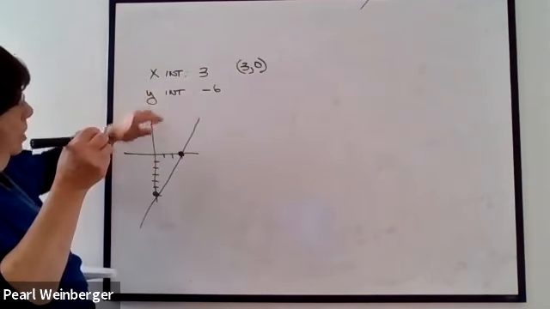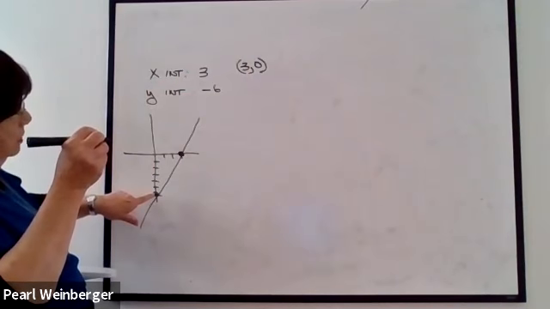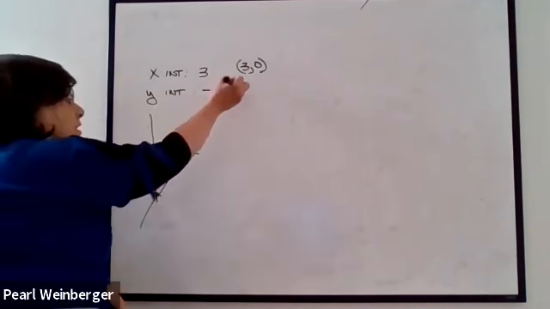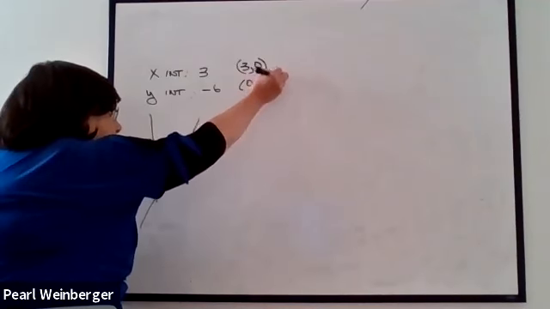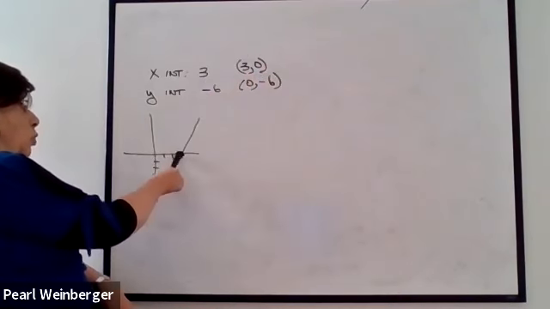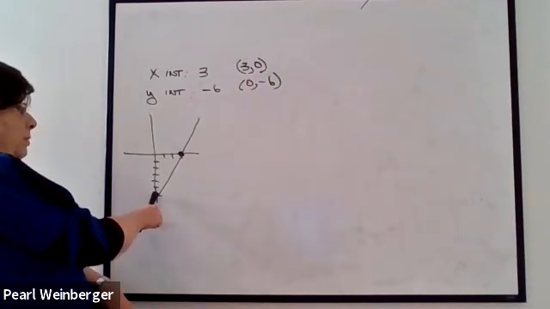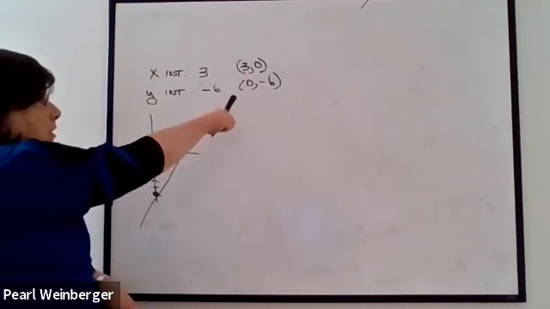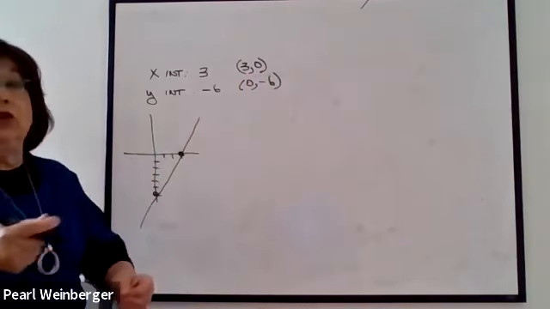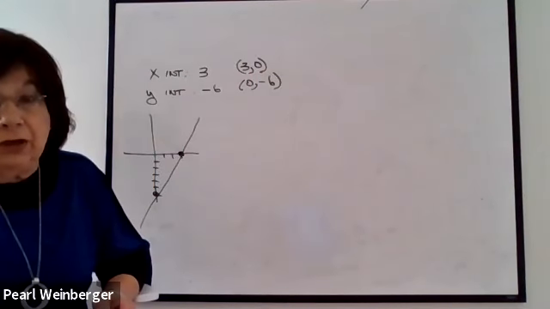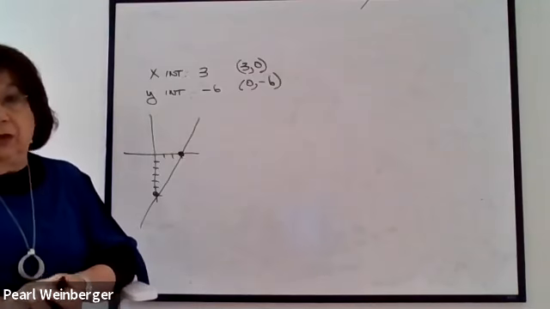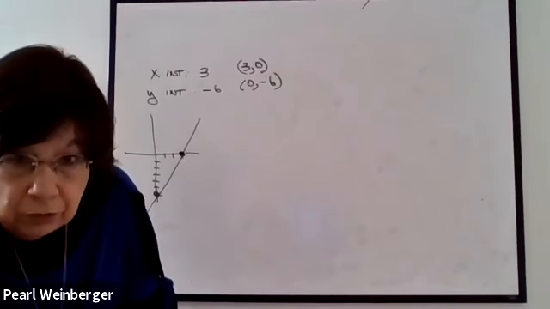To say the y-intercept is -6 really means that the point is 0, -6. The x-intercept has a y of 0. The y-intercept has an x of 0. So this is essentially giving you 2 points, and I'm asking you to find the equation where you have 2 points. I'm going to give you a few minutes to try this on your own.